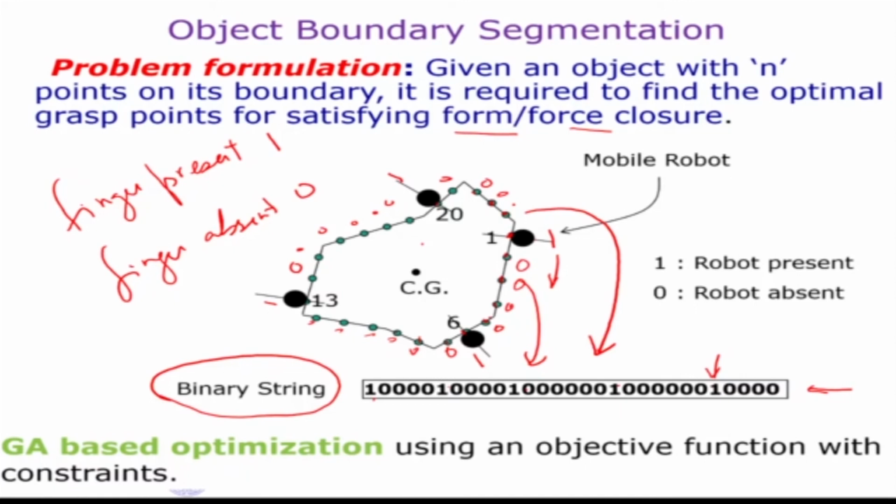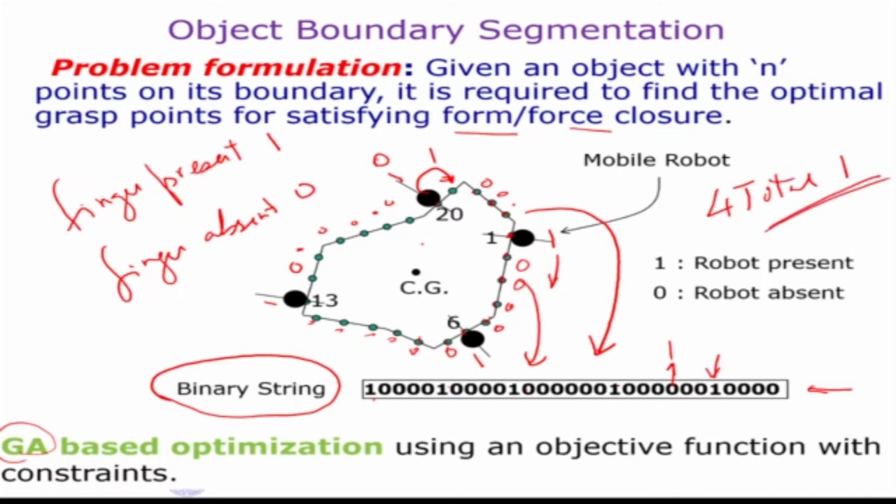So you can guess that suppose I want to change the position of the fingers. I will simply change zeros and ones. If I change that 0 to make it 1, the finger has come there. Suppose this finger goes from here to here. This will become 0, and that will become 1. So I can use optimization like a genetic algorithm, for example. It takes this binary string and changes those bits. It will make some of them 1, some of them zeros, ensuring that there are 4 total 1s, because this is a 4-finger gripper.